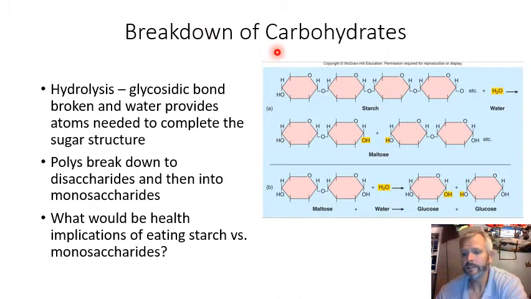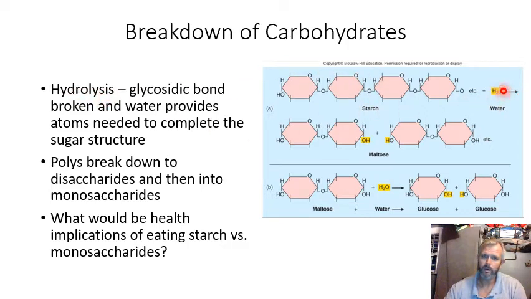The breakdown of carbohydrates. Many of the carbohydrates we eat are long chains. We eat potato, bread. They are chains of carbohydrates. They're not just monosaccharides. They are these long polysaccharides. To form the bonds between these monosaccharides, or to form these chains, water was created. Now to break it down, we need to add water to these bonds to cleave them, to lyse the bonds.